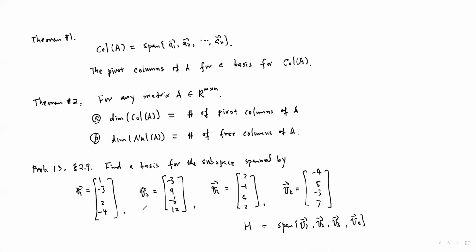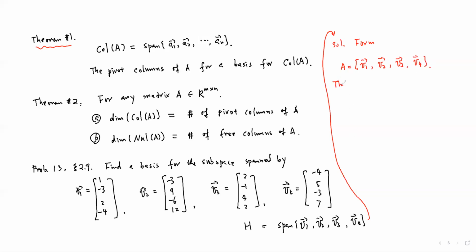I suggest using theorem number 1. Now, the solution. I first form matrix A. Put V1 as the first column, V2 the second column, V3 the third column, V4 the fourth column.